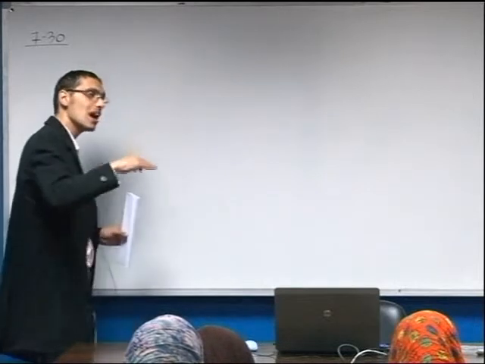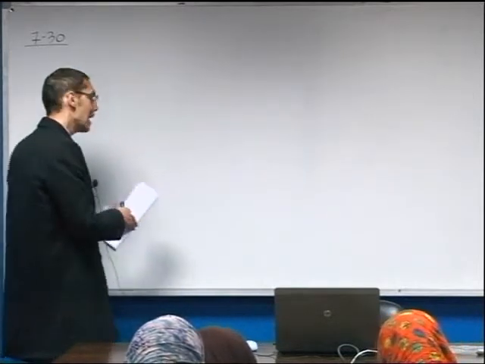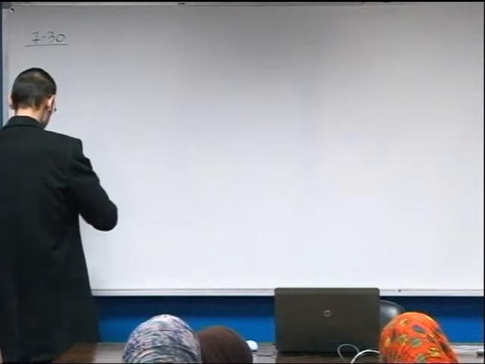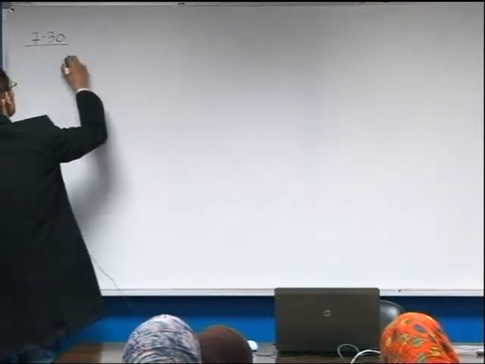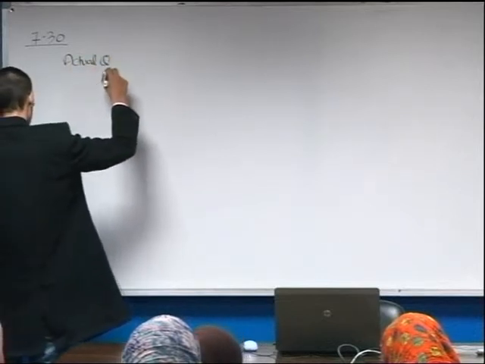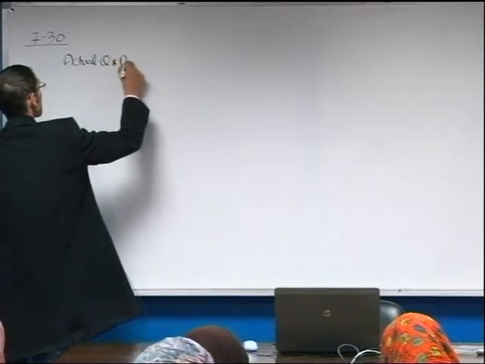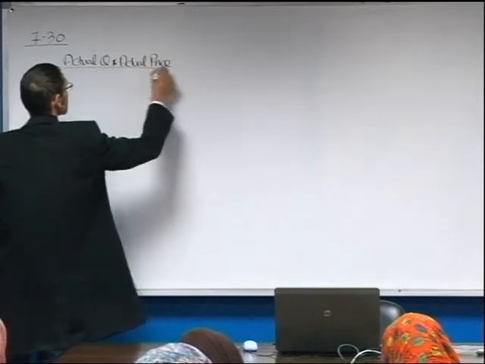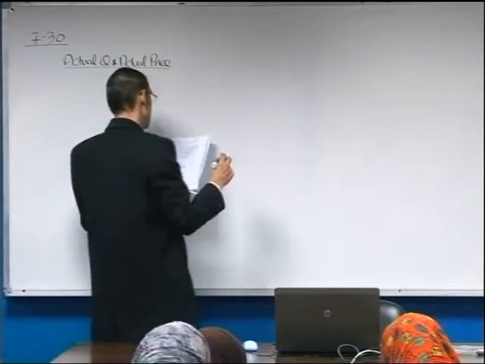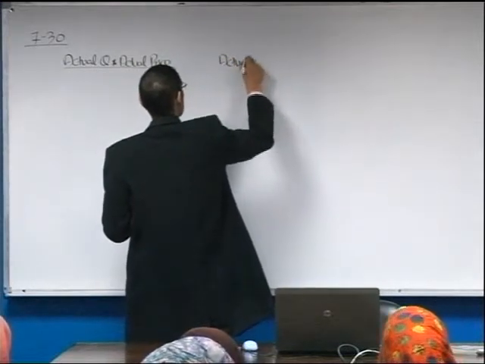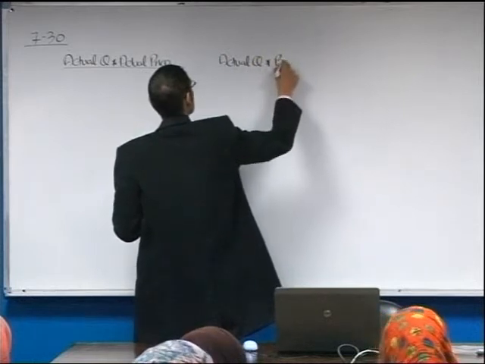Therefore, we need to perform now the level 3 analysis. And according to our level 3 analysis, we are going to start with the actual costs, which is the actual quantity multiplied by the actual price. Now the second column would be the actual quantity multiplied by the budgeted price.